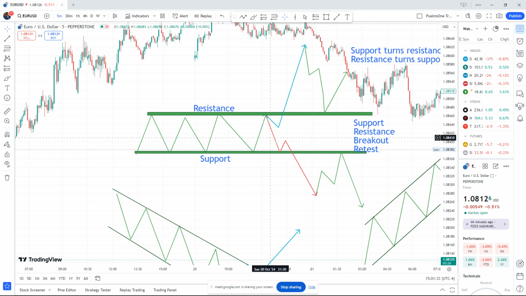When the market goes back and forth between two prices, it will eventually break out. We have two different types of breakout.